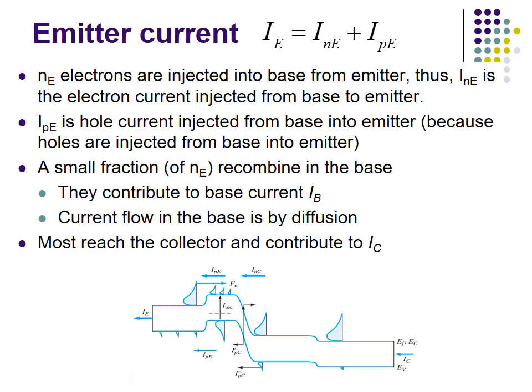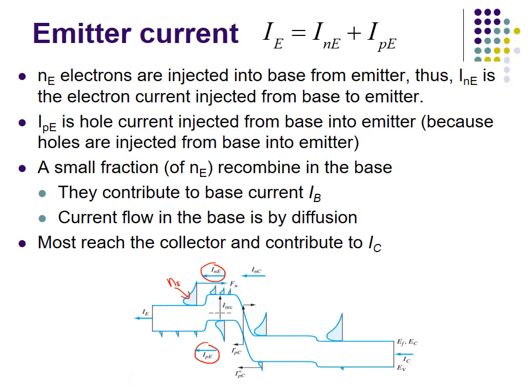So, let's take a look at emitter current. At the EB junction under forward bias, there are electrons that are injected into the base from the emitter. This electron movement will generate an electron current, INE, that moves from base to emitter. At the same time, there are holes that are injected from base into emitter.